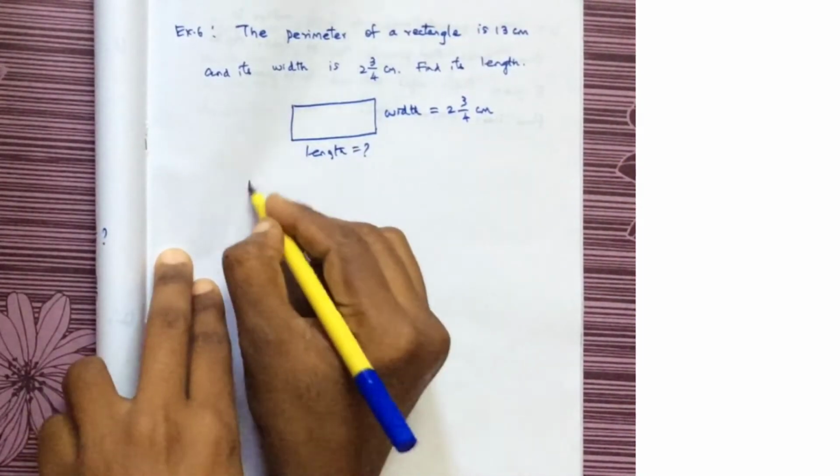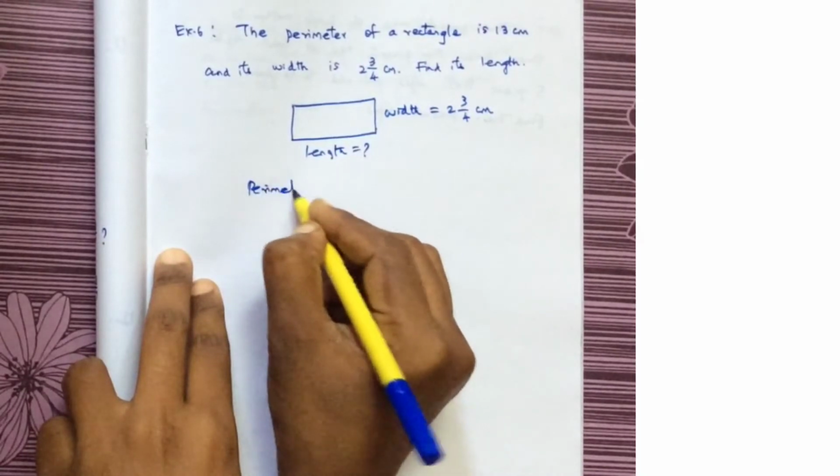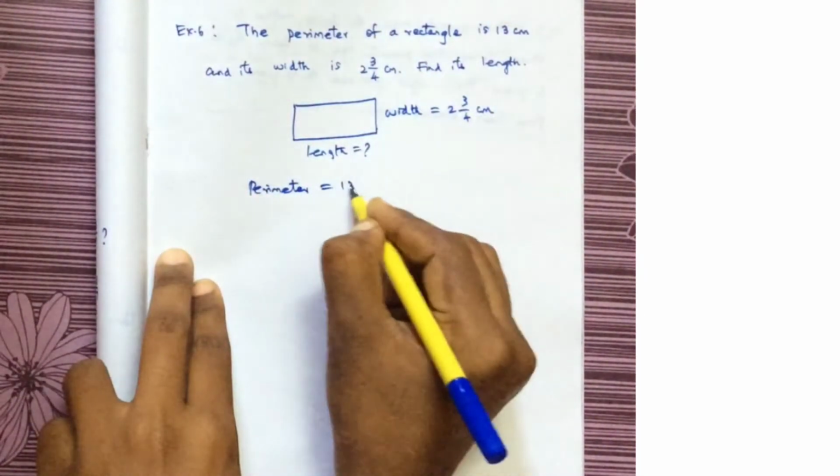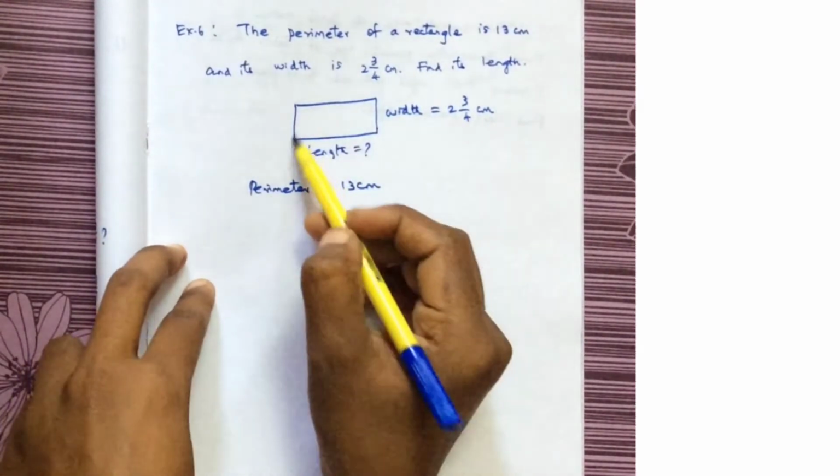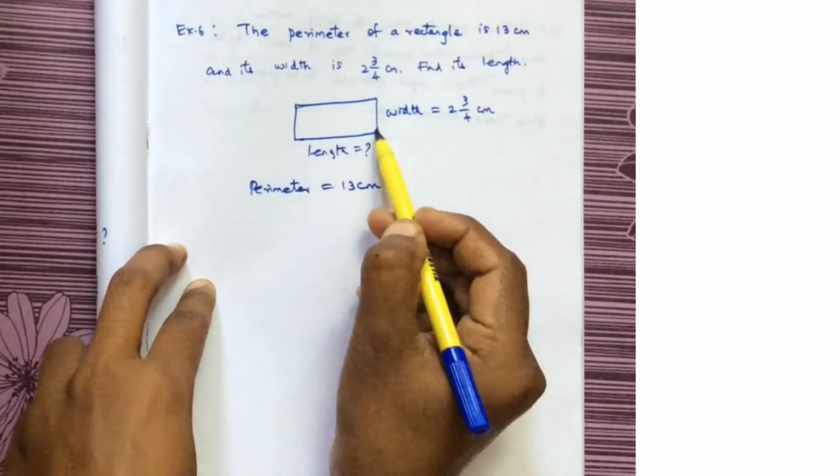Another thing given is the perimeter. Perimeter is 13 centimeter. What is perimeter? It is the total length around, this is length and this is width.